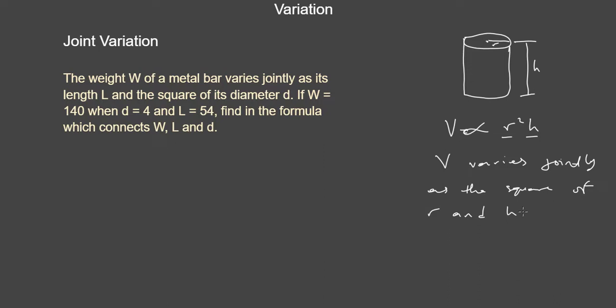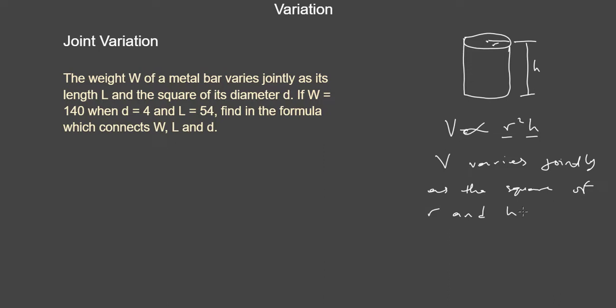So when we talk about joint variation, we are dealing with a situation where a given variable is determined by two or more variables. We call that joint variation. The joint implies those two variables jointly determine another variable. That is, radius and height together determine the value of the volume.